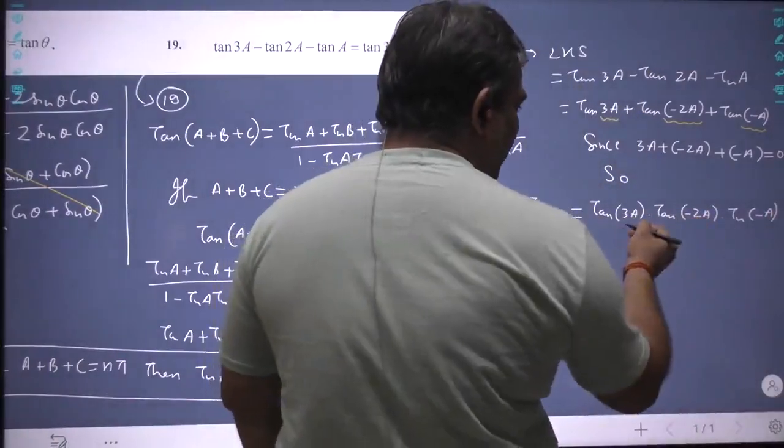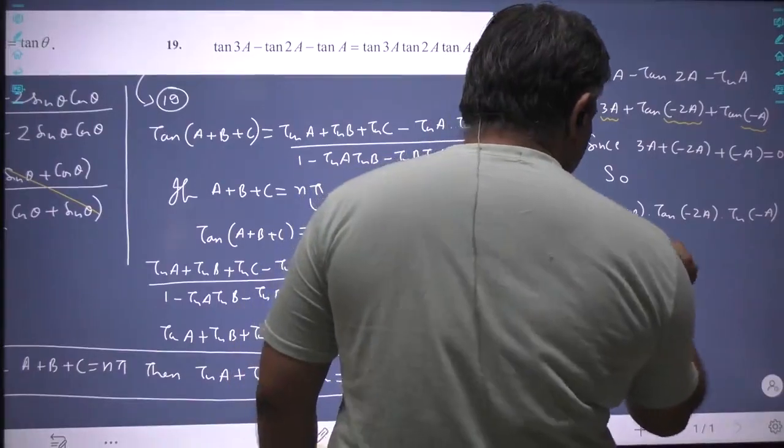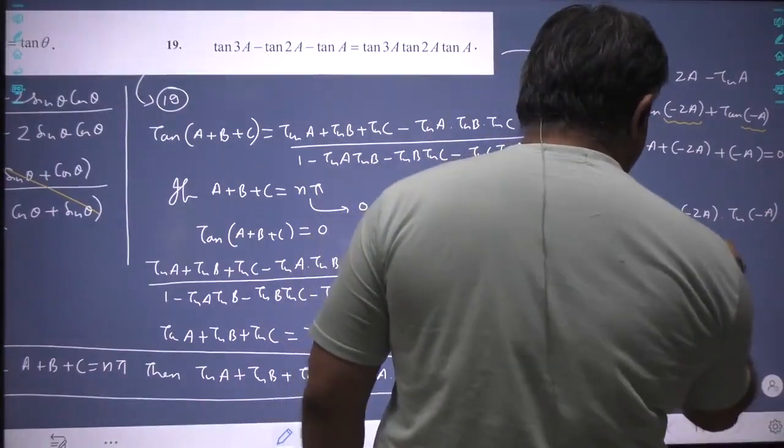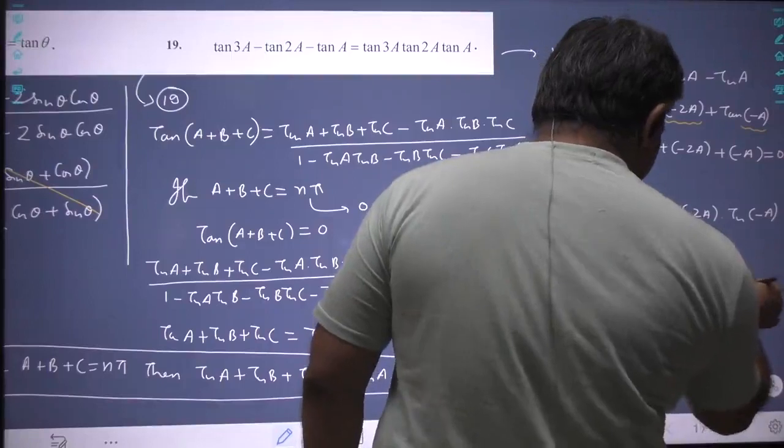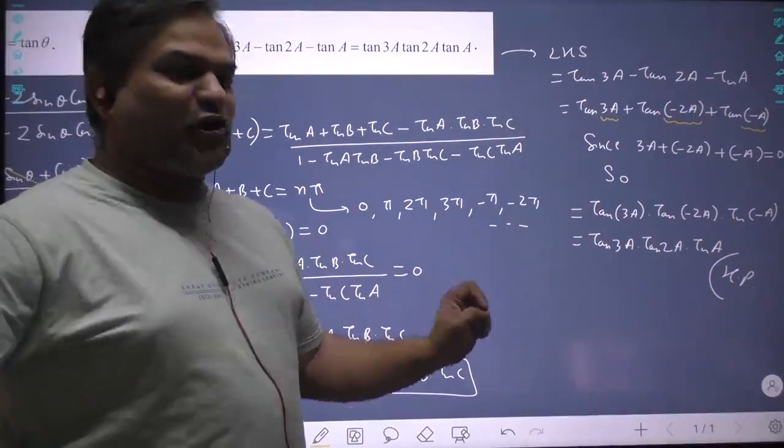You take minus from here, so it comes out to be tan 3a into tan 2a into tan a. Hence proved. Is this new thought clear to you all?